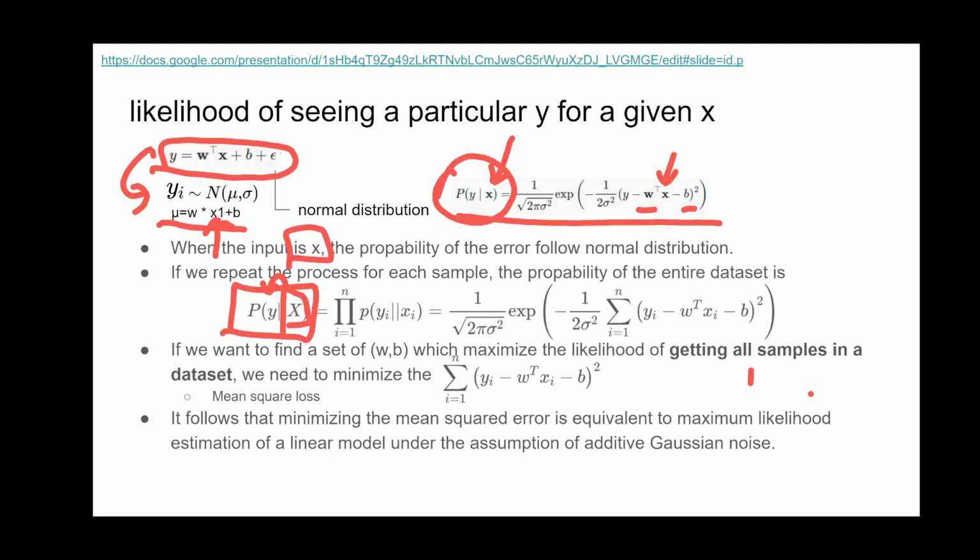Minimizing the mean square error is equivalent to the maximum likelihood estimation of the linear model under the assumption of additive Gaussian noise. The additive Gaussian noise is this term here, the epsilon.